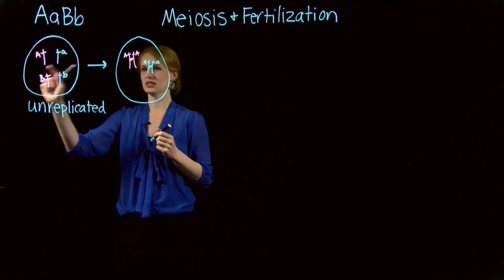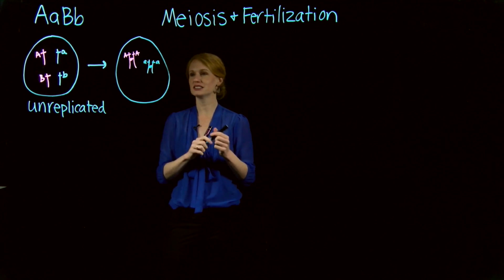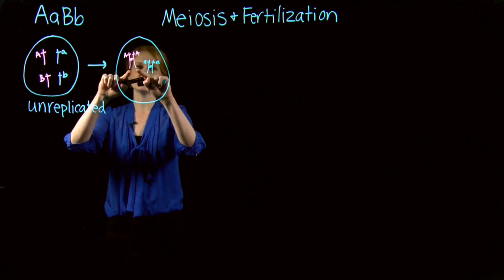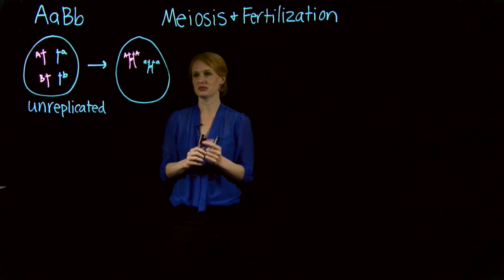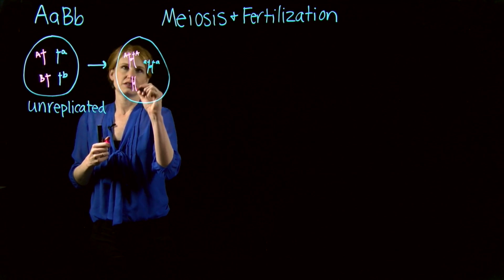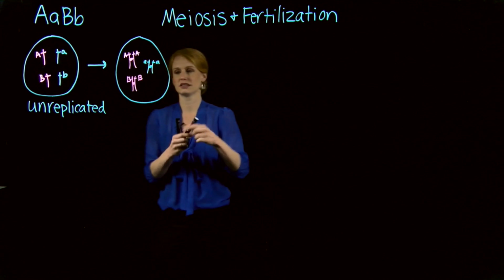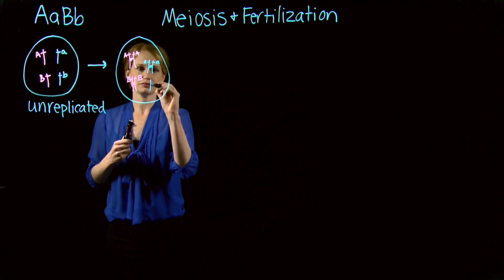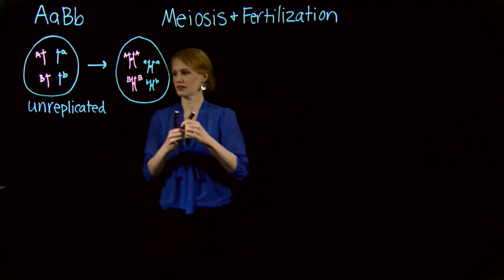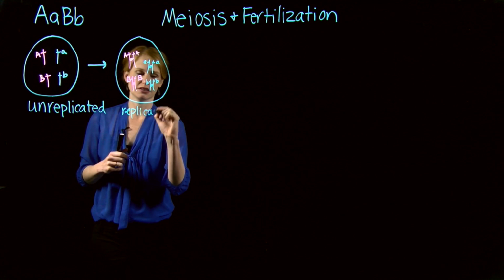This DNA molecule has been replicated and is now two identical DNA molecules held together at the centromere. And the relationship between these two DNA molecules, they're called sister chromatids. So this is a replicated cell.